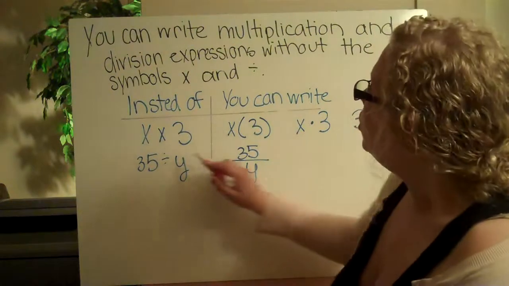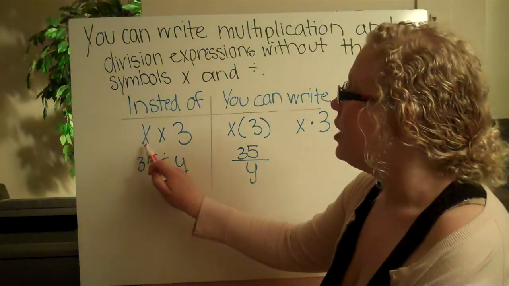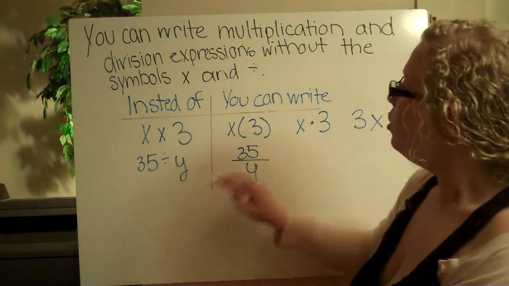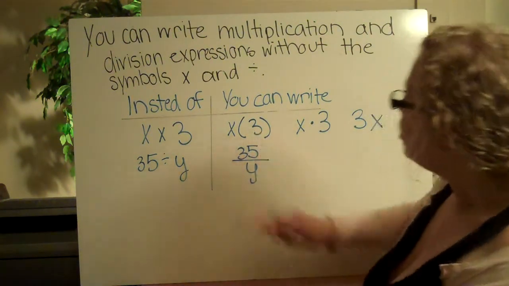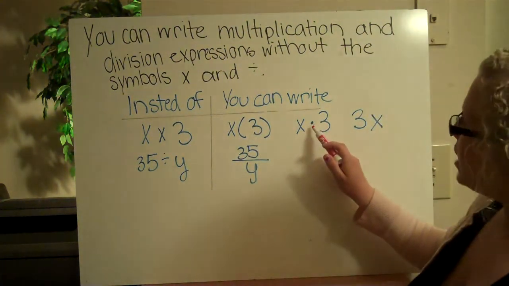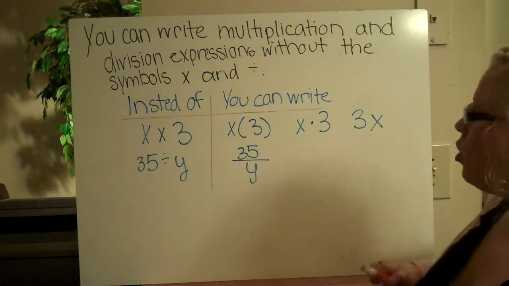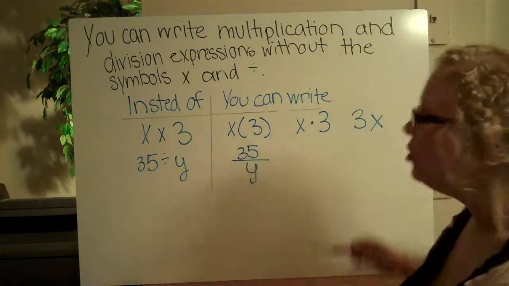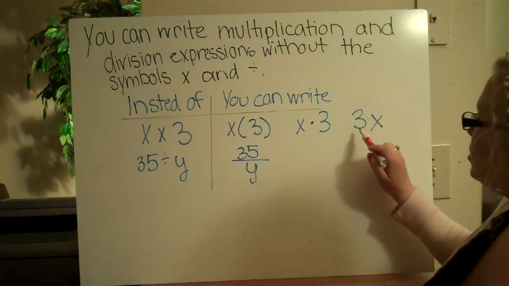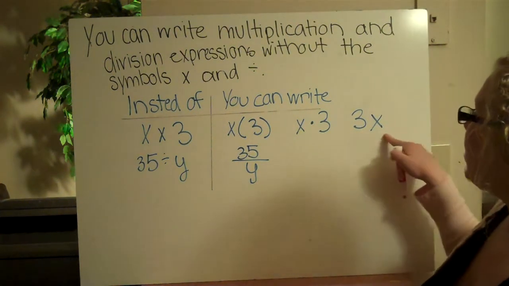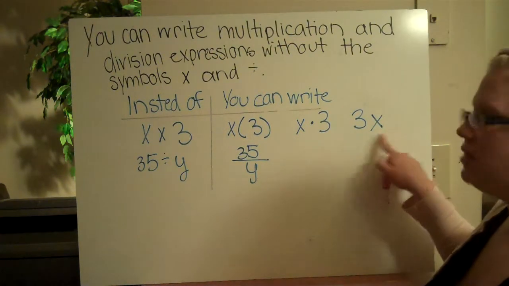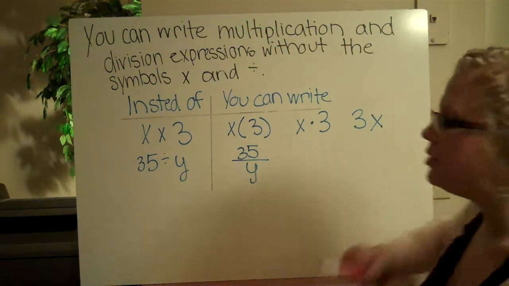What does that mean? So when we want to convey that x is multiplied by 3, we can say that x is multiplied by 3 by using parentheses, or we can use a dot, x times 3, or for multiplication we can just put the number in front of the variable, and that signifies 3 times x as well.